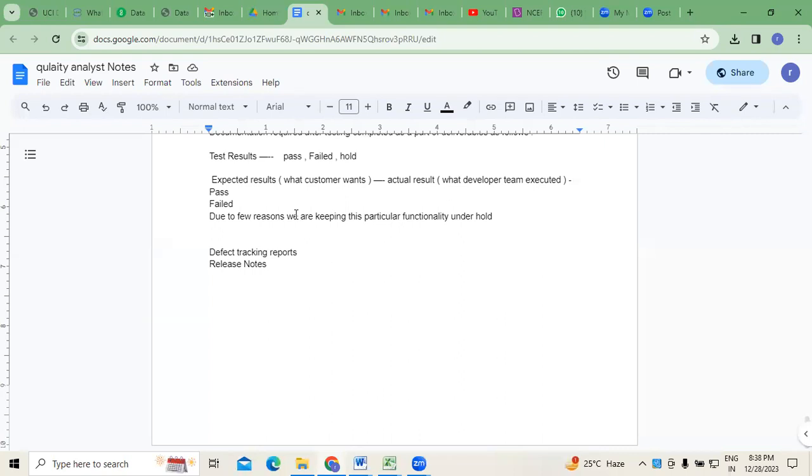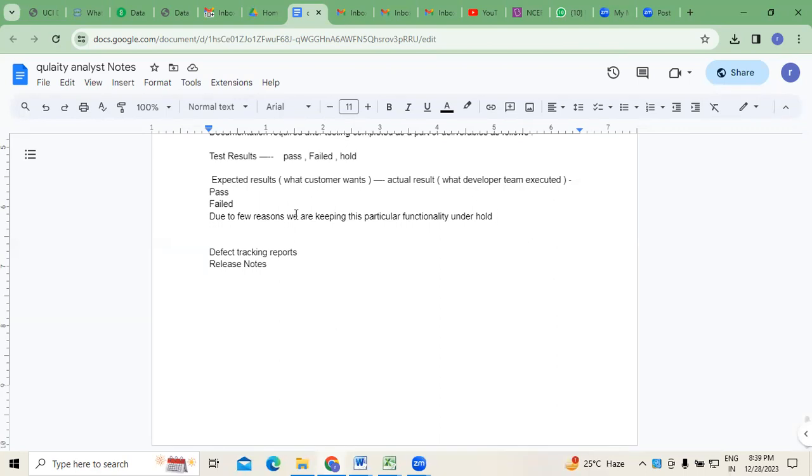After that, the customer tells us they want to make some changes in the existing functionality we have taken. Whenever we make changes to existing functionalities, it automatically impacts the functionality we are developing.